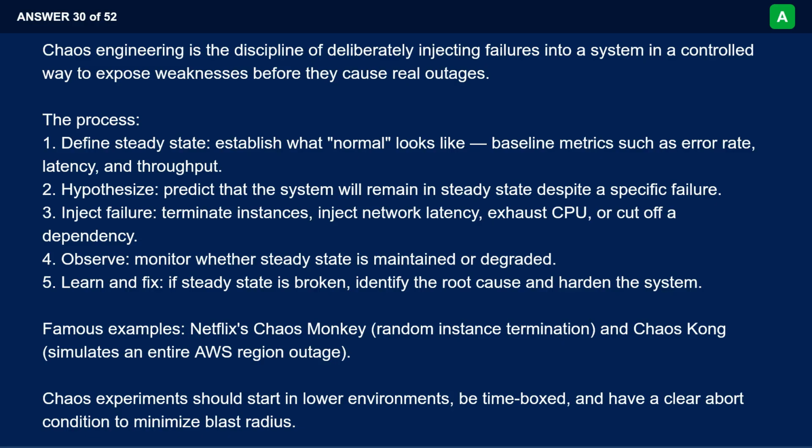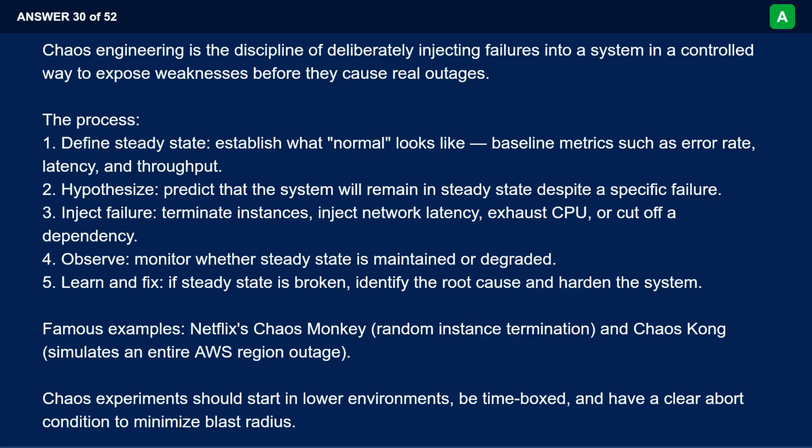2. Hypothesize. Predict that the system will remain in steady state despite a specific failure. 3. Inject failure. Terminate instances, inject network latency, exhaust CPU, or cut off a dependency. 4. Observe. Monitor whether steady state is maintained or degraded. 5. Learn and fix.